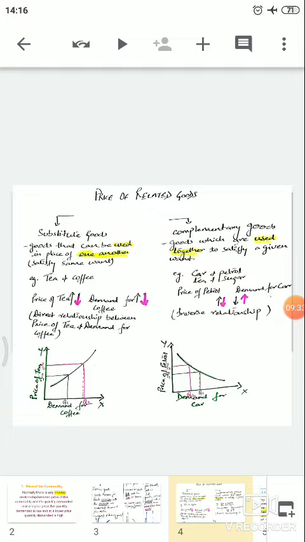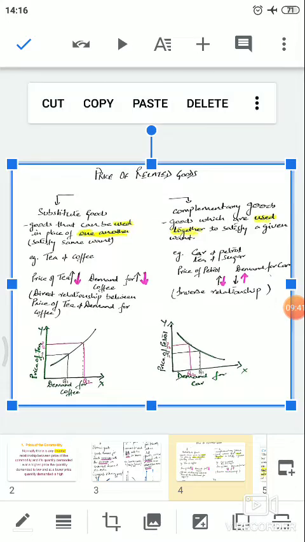Okay. So there's an inverse relationship. You can see it from here. The curve here is a downward sloping curve, which shows that when the price of petrol is high, the demand for car is lower. And when the price of petrol falls, the demand for the car increases.